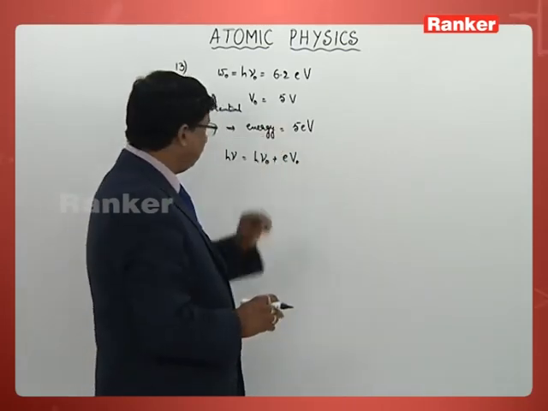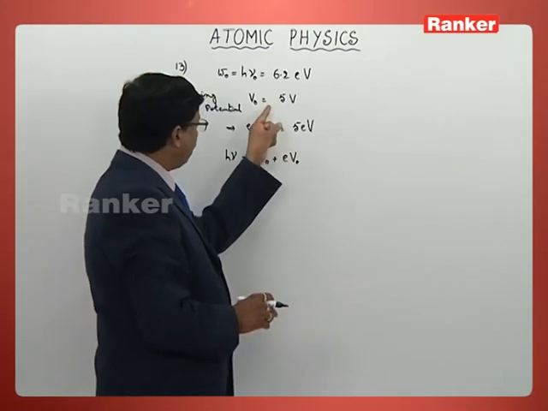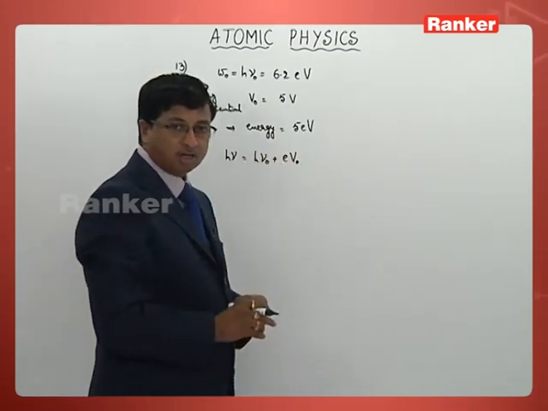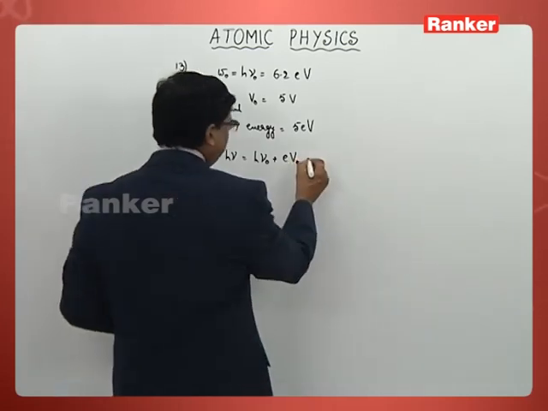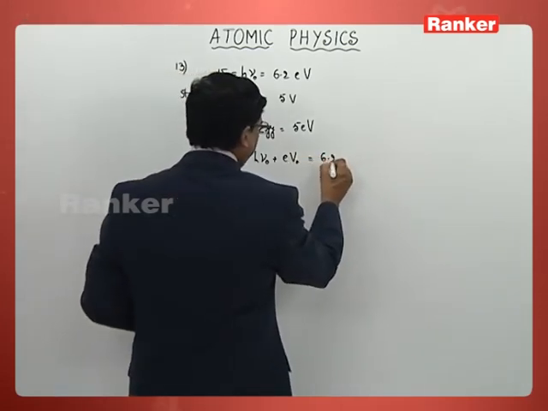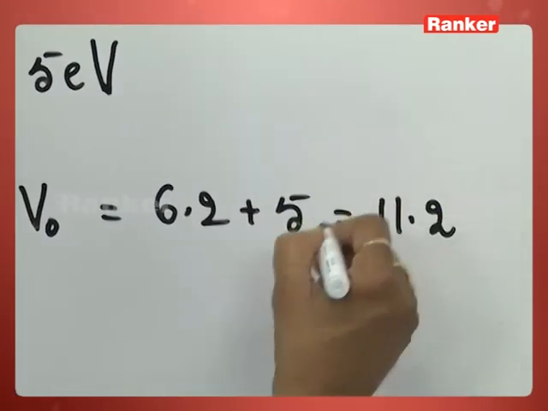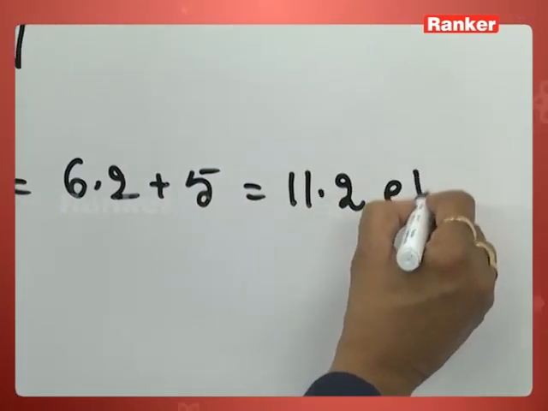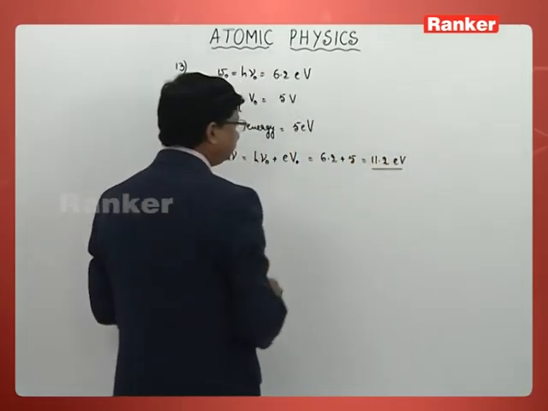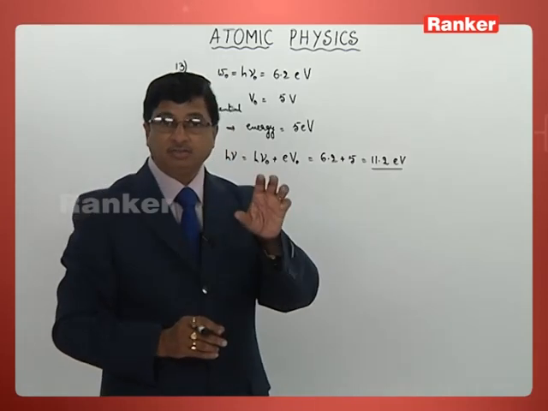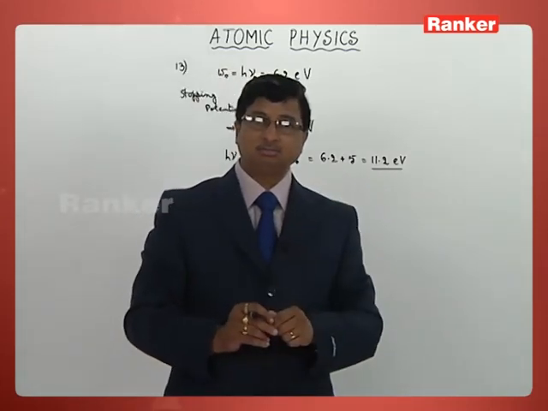In this particular problem, it is given in terms of stopping potential, therefore I am writing it like eV naught. So, what are the values given here? You see, 6.2 plus 5, totally 11.2 electron volt you are getting. That is the total energy of that incident radiation.